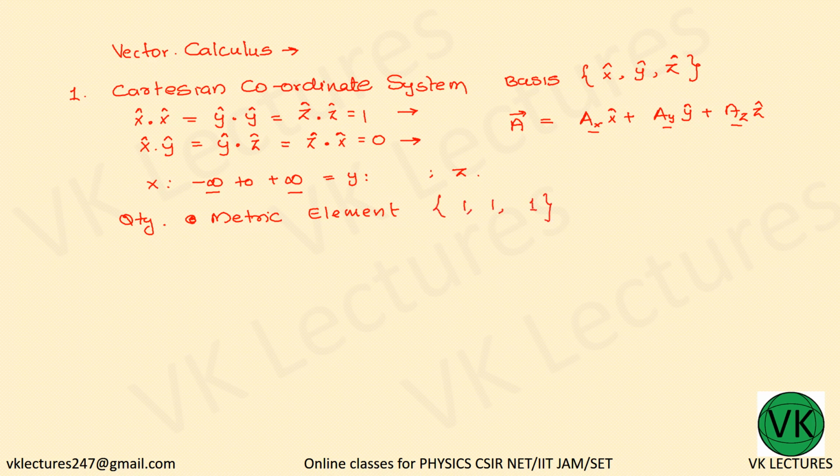Each value corresponds to x, y and z coordinates, which means if I want to write a small length element dr, then it is 1 into dx x cap plus another metric element 1 into dy y cap plus the third metric element 1 into dz z cap.